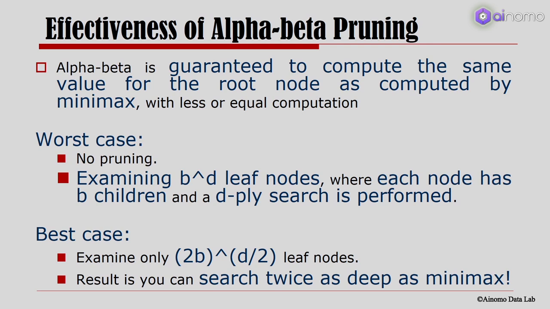So let's say we were trying to get the best first move for a chess game, and we were looking at a depth of 7 with Minimax, then with Minimax with alpha beta pruning, we can at least go up to 14. That's what the double means here.